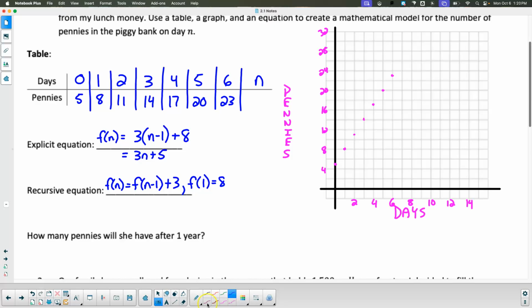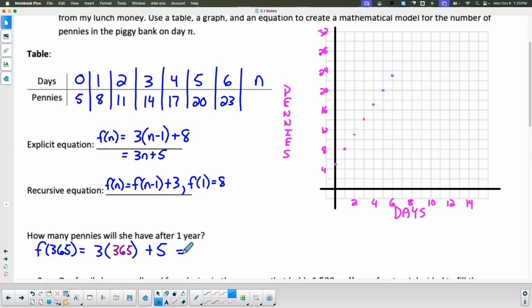So let's put 365 into my function. Oops, put it in the wrong spot. So we would go 3 times 365, then plus 5. 3 times 365. Woo! Now I see why you guys came up and grabbed calculators.